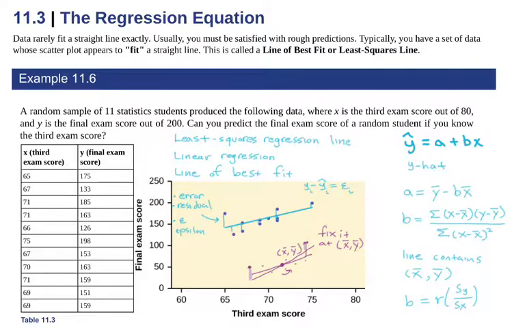And we want the line where if I add up all of those different residuals, all of those different errors, I'm going to end up with the smallest number possible. And that's how we get that line of best fit. So we want the line with the least total errors.